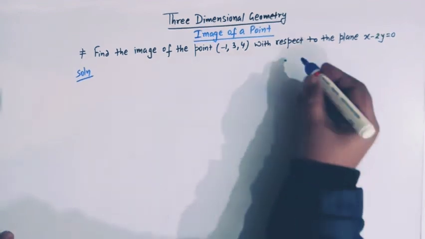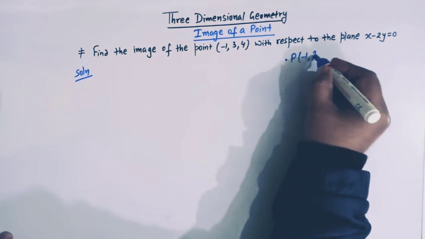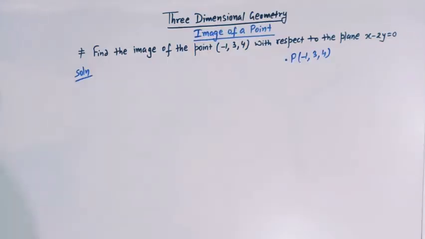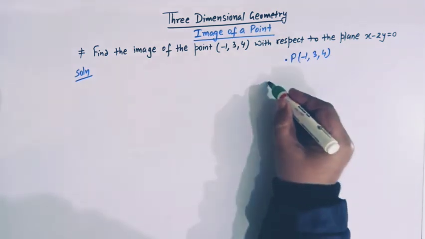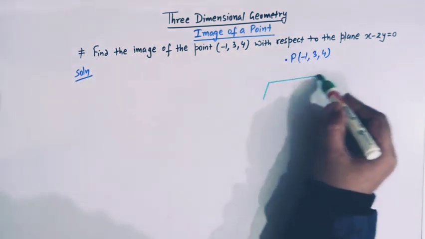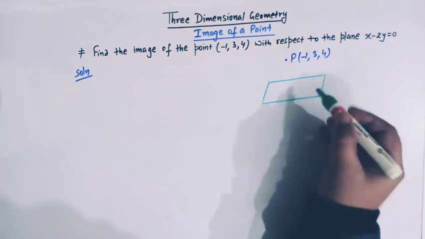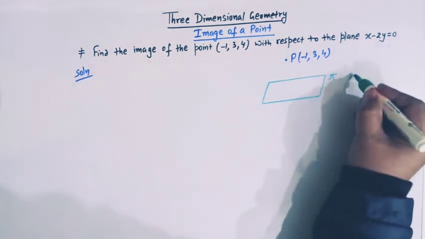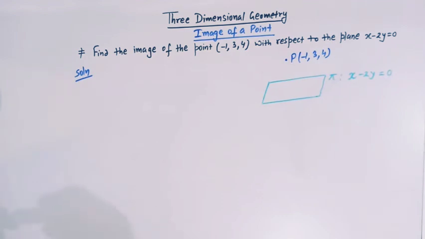So here we are given the point P, say (-1, 3, 4), and we have to find the image of this point with respect to this plane. So let us draw the plane like this, and this is the plane pi whose equation is given as x minus 2y is equal to 0. Right?